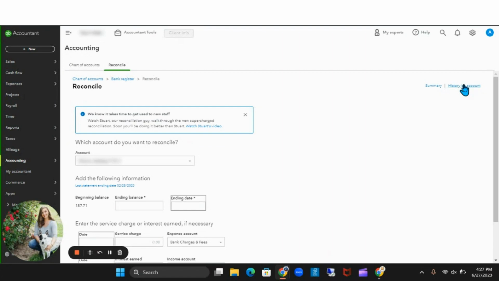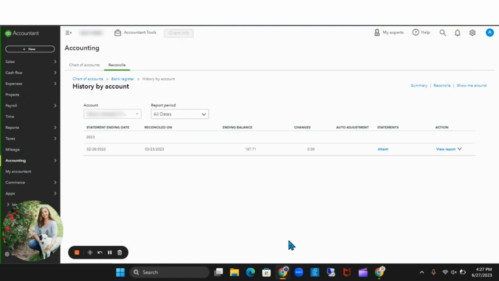So we're going to click on history by account and see what this looks like. This one has actually only been done once. And what's even weirder about this is that this account was actually opened in January. And so I don't know why it starts off reconciling in the end of February when technically they should have been reconciling it from the moment that account was opened.